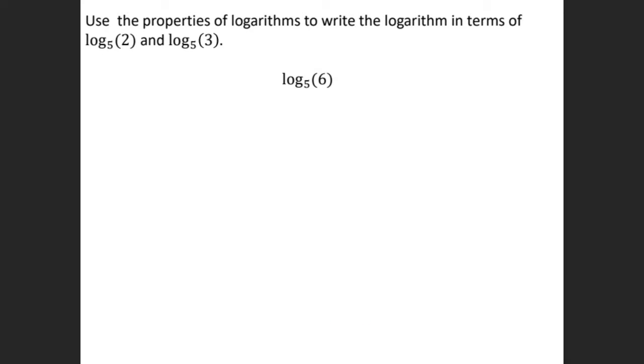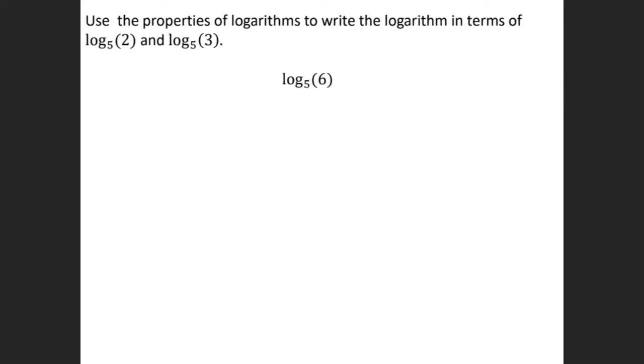So some of the things that we can use is to expand our logs, and let's practice with this one using just numbers. You have a homework problem that says use properties of logs to rewrite the logarithm in terms of log of base 5 of 2 and log of base 5 of 3. Because they want an input of 2 and 3, can I make this 6 to have a product of each other?